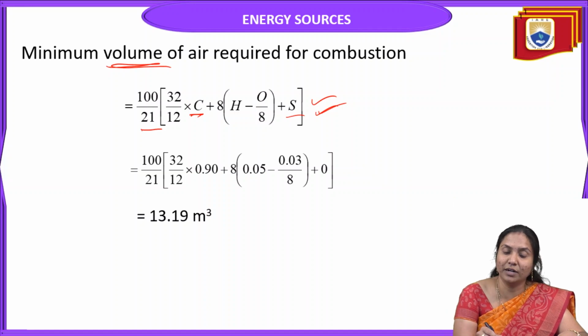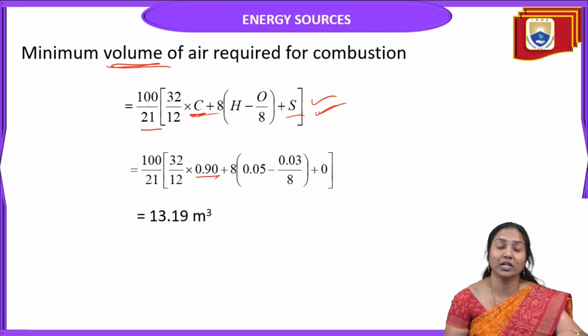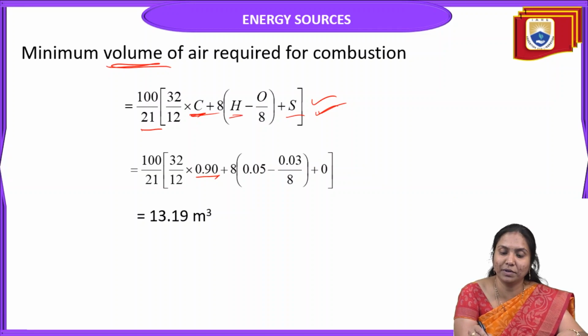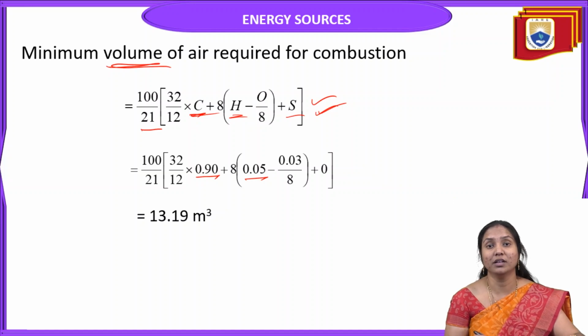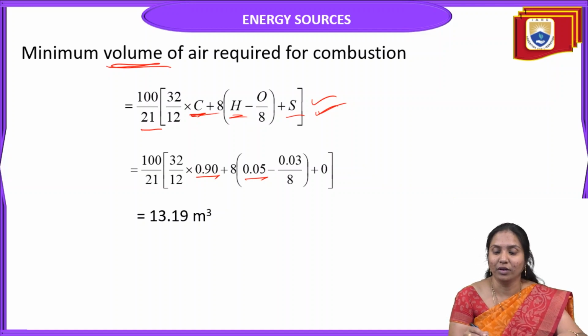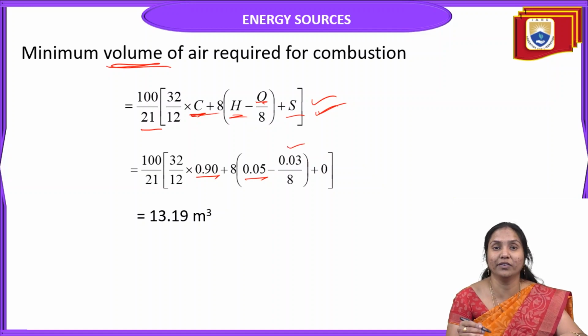Then we'll get 100 by 21 into 32 by 12 into carbon percentage 0.90, plus 8 into hydrogen percentage 0.05 minus oxygen percentage 0.03, by 8, plus sulfur. From the data, you can write all the values of carbon, hydrogen, oxygen and sulfur and substitute them in this formula.